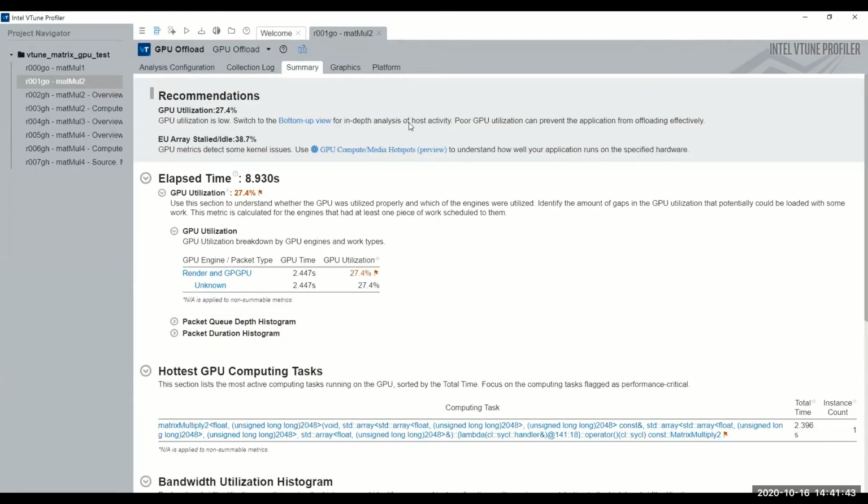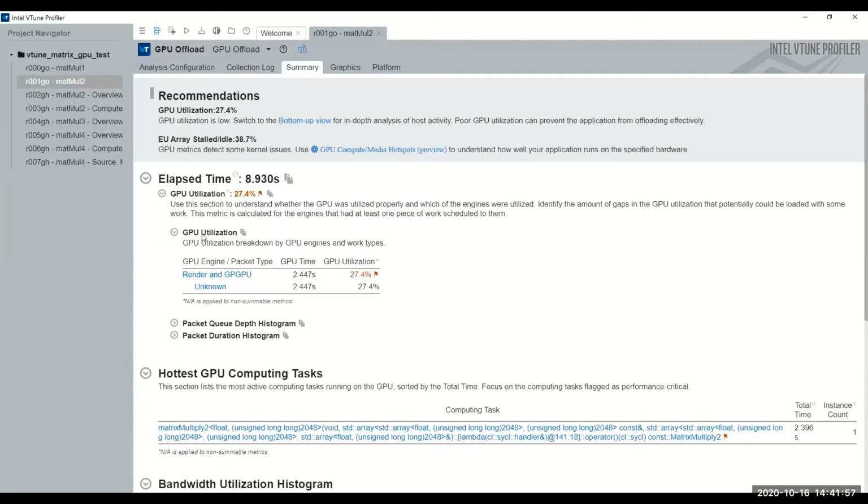In the summary, VTune gives some basic characteristics like overall timing for execution of the application, and an extremely important metric, GPU utilization, which is how much of the application runtime the GPU was busy doing something.